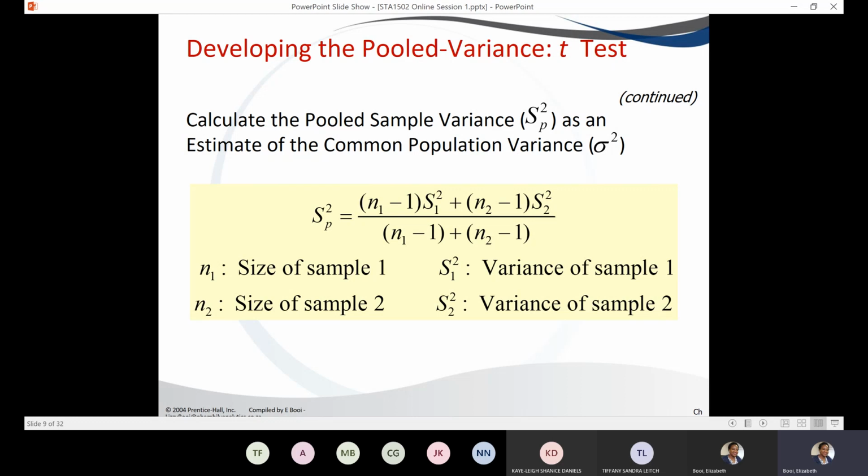You don't have to square the answer unless they gave you the standard deviation. Then if they gave you the standard deviation, you will have to square the standard deviation. Plus N2 minus 1 times the variance of sample 2, divided by your sample size 1 minus 1 plus your sample size 2 minus 1. And that is the formula to calculate this pooled variance.